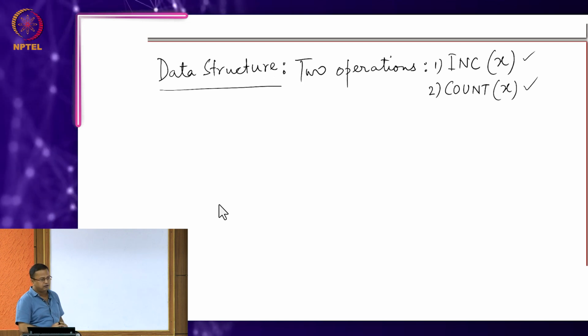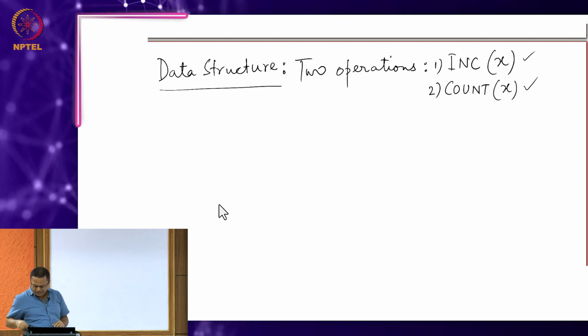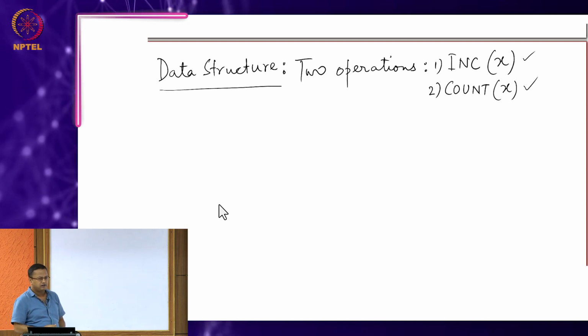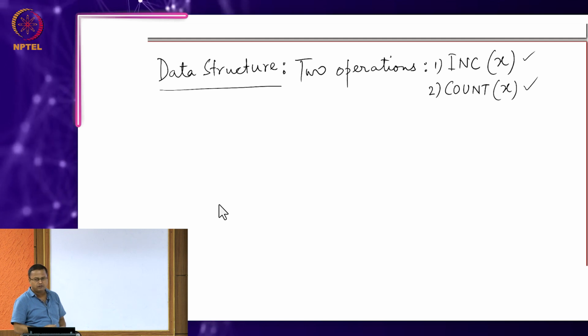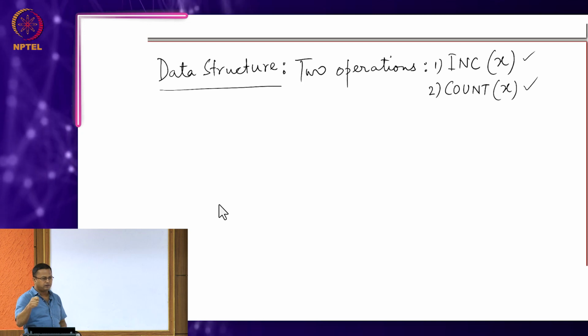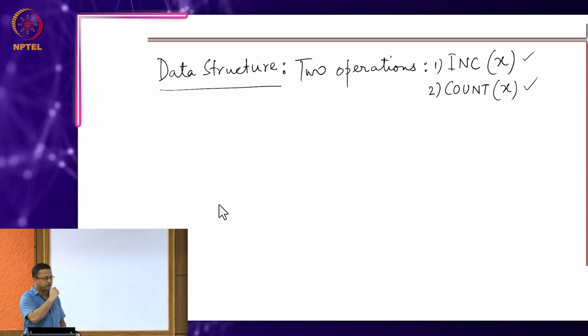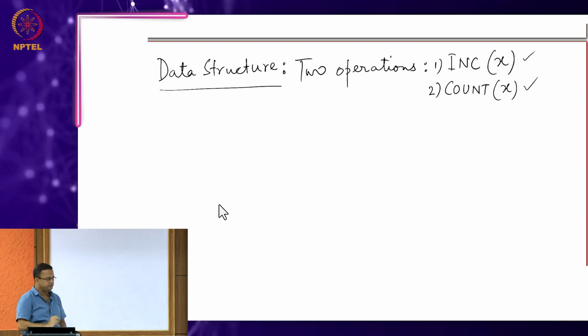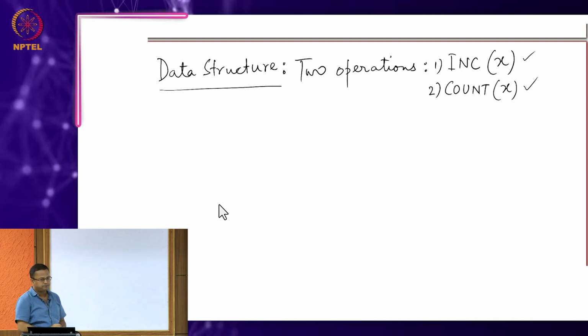increment and count. So, the increment thing is not going to be much difficult, right. What do you do? Take this element, let it go through a hash function, find its position in the bucket, increment the count. Pretty simple.